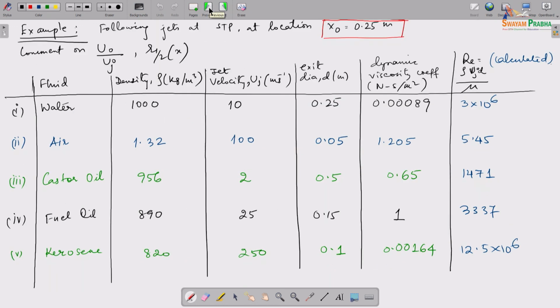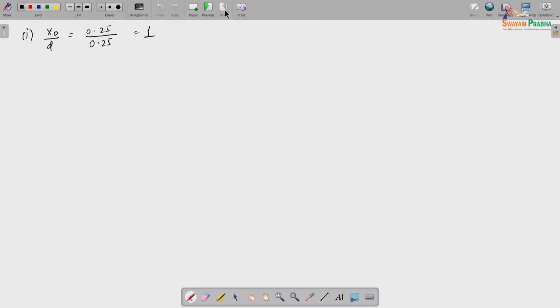If you see, x naught is what is given to us, 0.25, and d is also 0.25, that is how I get that. So, x naught by d is 1. Uj is equal to 10.